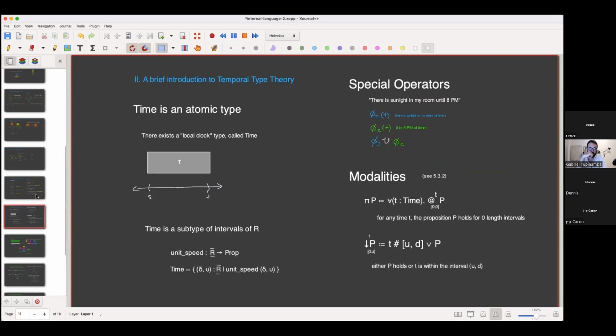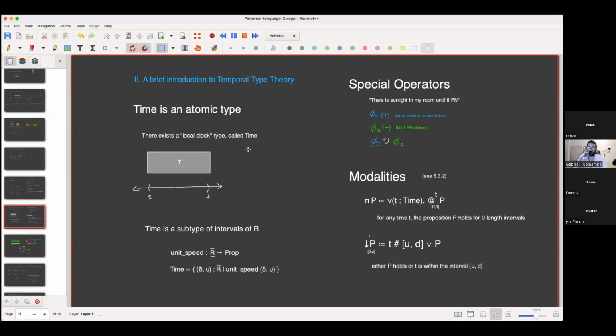Okay, some other ideas they present: the internal language itself, even though it's called temporal type theory, doesn't start out with time as a notion, right? You have to actually invent a notion of time. If you're familiar with programming, it's kind of like creating your own counter or your own tick, right? Imagine you have a video game and someone allows you to speed up time in the game.